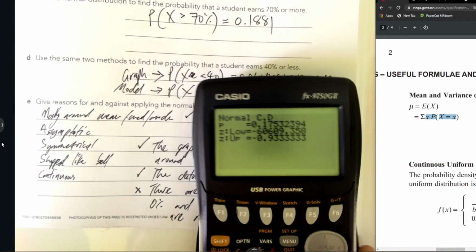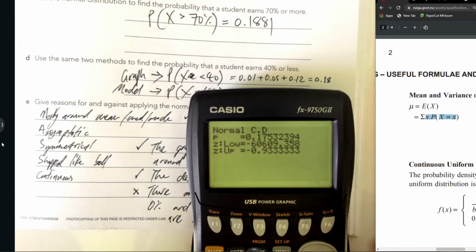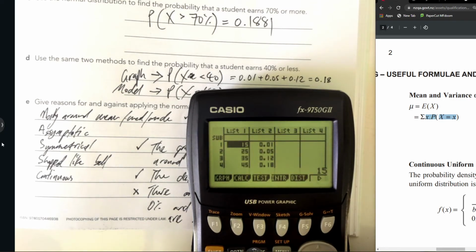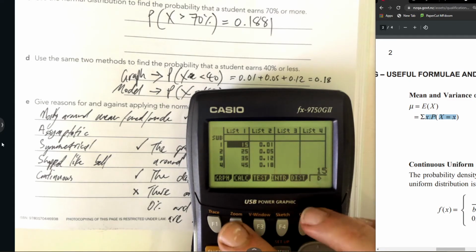Yeah, you can stop the video now, but I'm going to see what I did wrong. I want to see what went wrong on my lists. 15, yeah, it looks good. 0.01, 0.05, 0.12, 0.18, 0.27, 0.19, 0.1, 0.06. What the heck? Calculate.